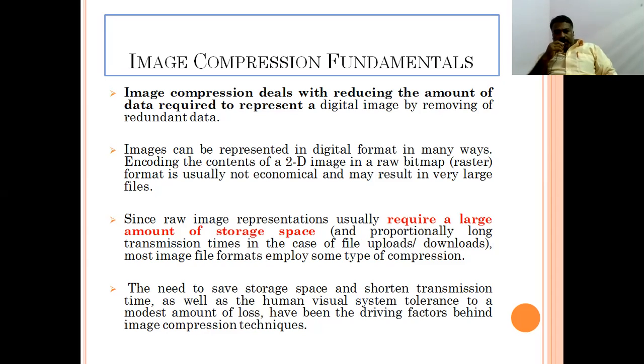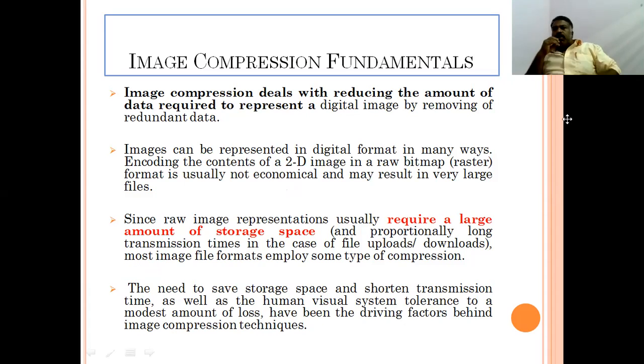The raw image representation usually requires a large amount of storage space and long transmission time also. When we try to transfer the image through any communication channel, if the size is large, a huge volume of image file requires a long duration for transmission. So the ultimate aim is to reduce the time and the storage space, so we go for the compression method.